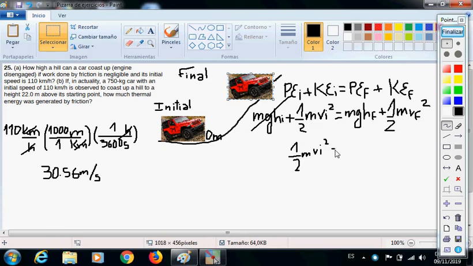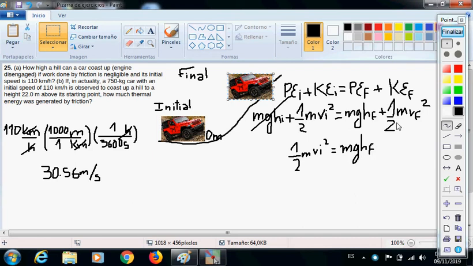And why do we keep it? Because the mass we actually don't know, but that doesn't matter. The mass is not 0, it's a car, and the initial velocity is 30.56 meters per second. The final height, we still don't know it. Actually, that's the unknown.